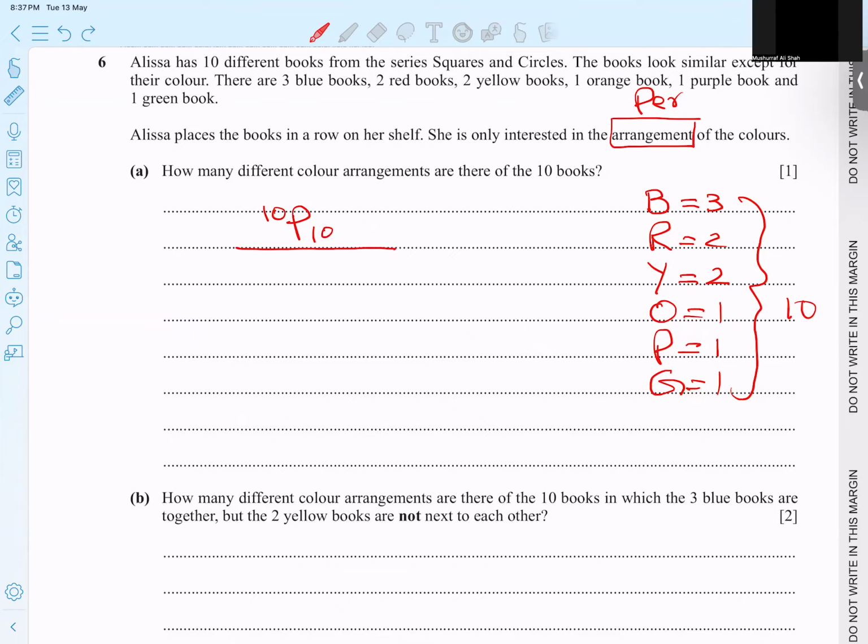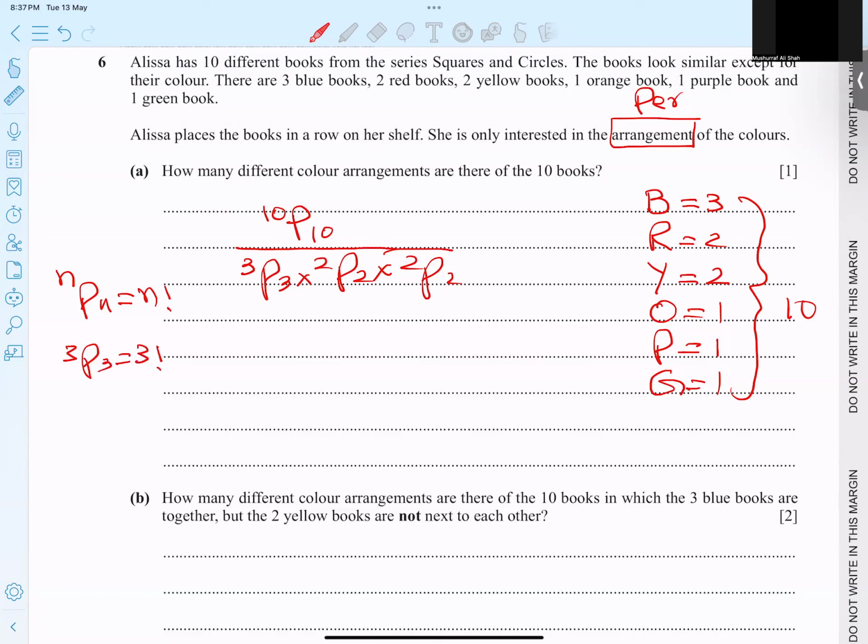So I will say 3P3 into 2P2 into 2P2. And I said before, if the upper number and lower number are the same, this behaves as a factorial. If 3P3 comes, this behaves as 3 factorial. And this answer finally comes to 151200. I hope the concept is very clear.